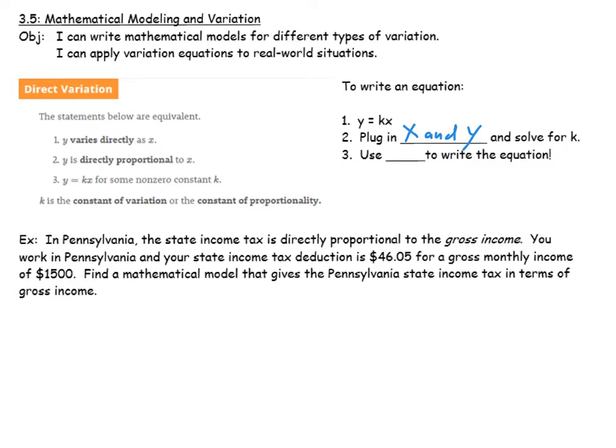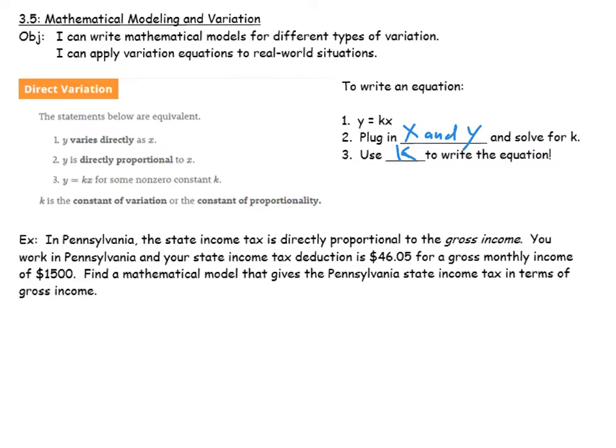They may not call the variables x and y. If t is temperature, they might call it t. If p is pressure, they might call it p. If it's distance, they may call that variable d, but keep track of x and y, okay? And then this value of k is kind of like the missing piece that you're looking for.